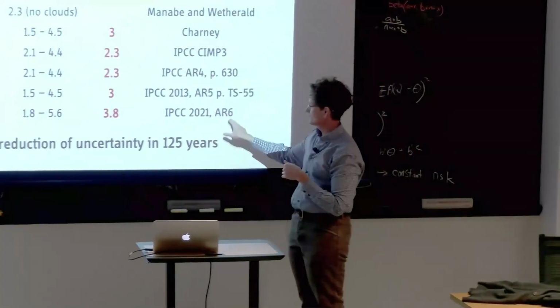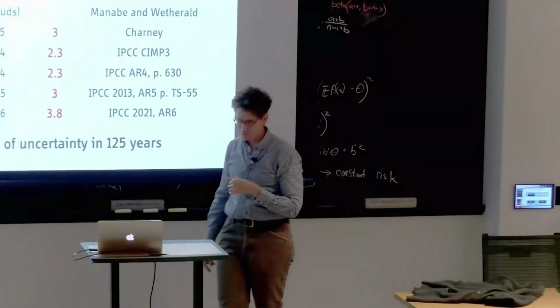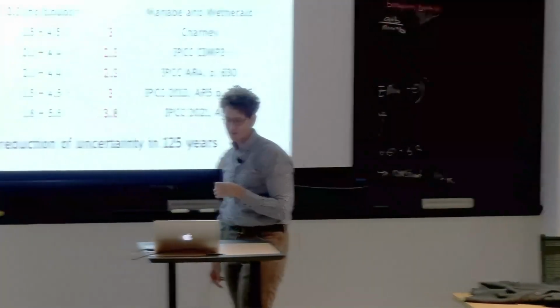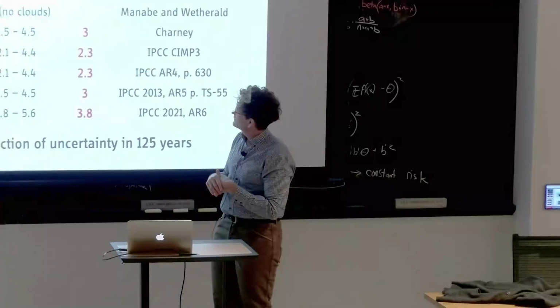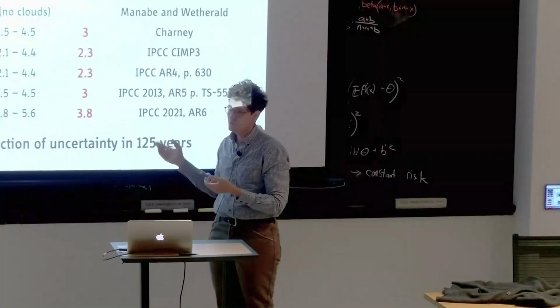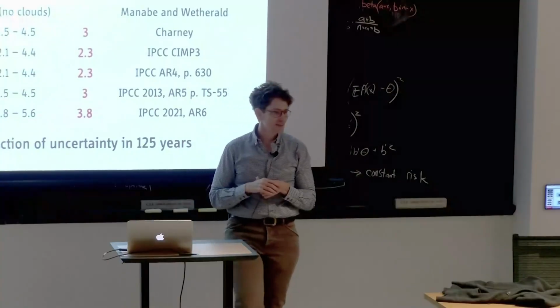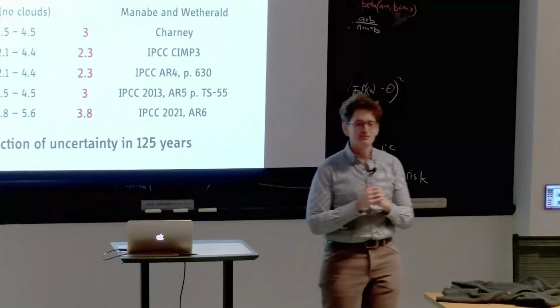This one, AR6, is the most recent IPCC assessment of climate sensitivity. The next one is due out in 2028. And the basic takeaway is there's been no reduction in the uncertainty on this number in over 125 years of research.